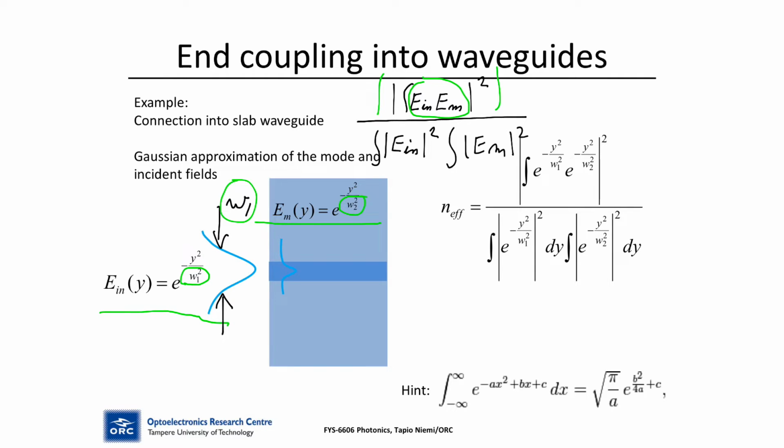In the denominator we have the integral of the intensity of the incident field multiplied by an integral of the intensity of the mode in a waveguide.